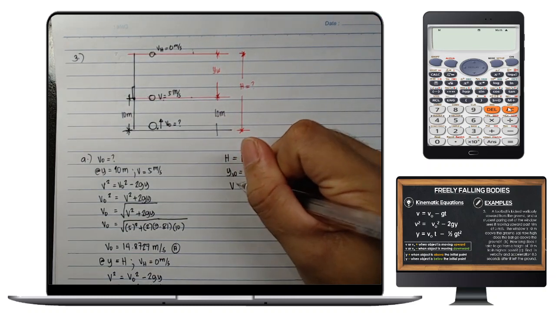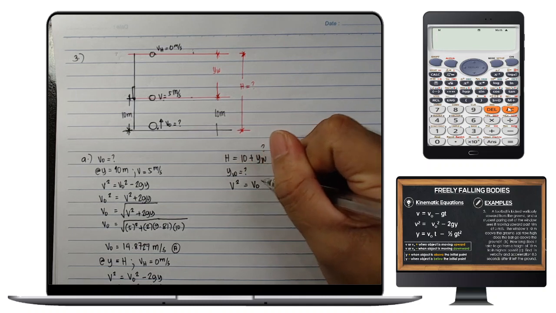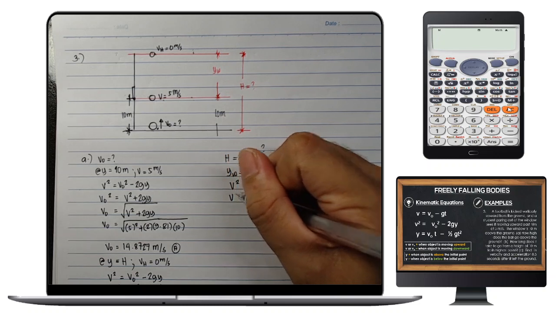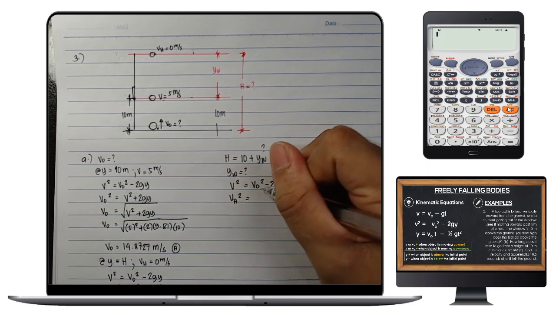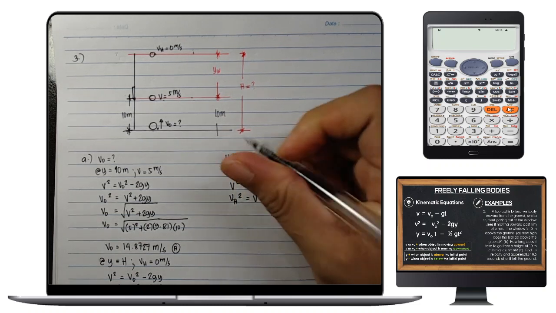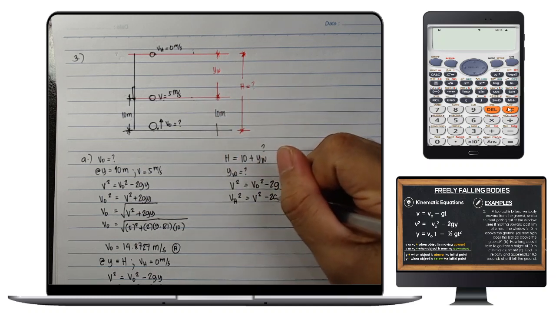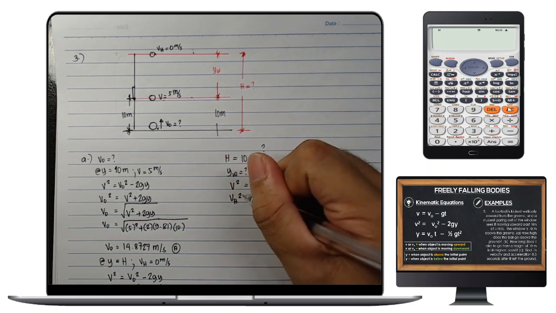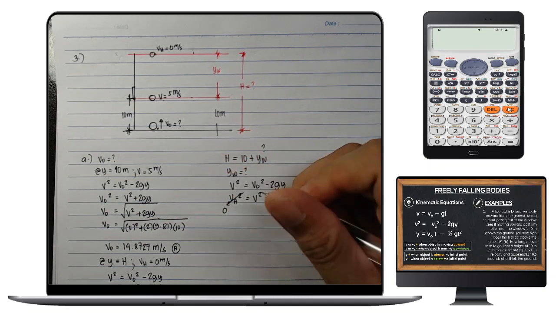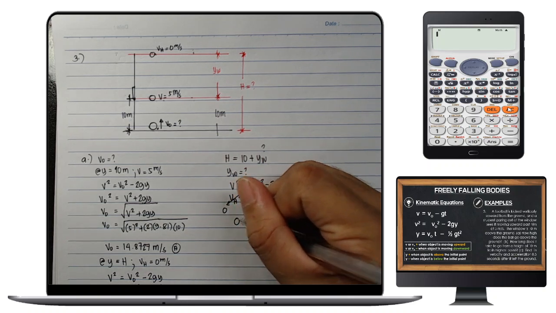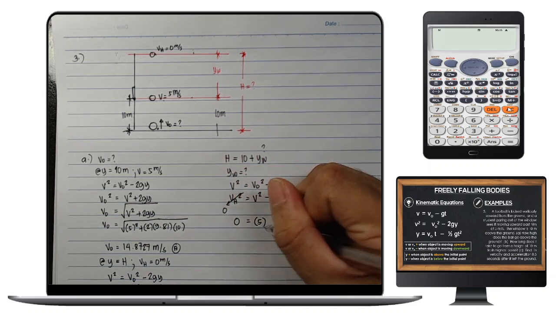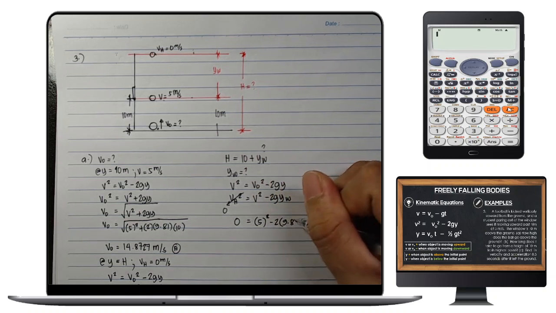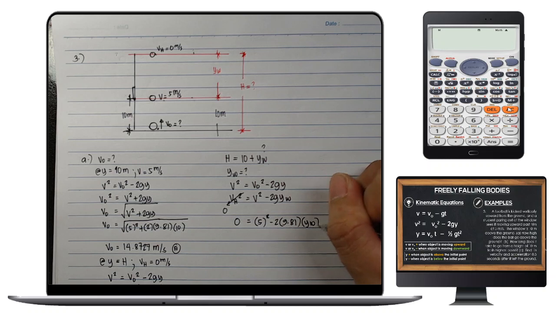So, di ba sa second equation, v square is equal to vo square minus 2gy. So, in this case, v natin is v sub h square, minus 2g y sub w. So, from here, v sub h natin is 0. So, magigitong 0 is equal to 5 square minus 2 times 9.81 times y sub w.